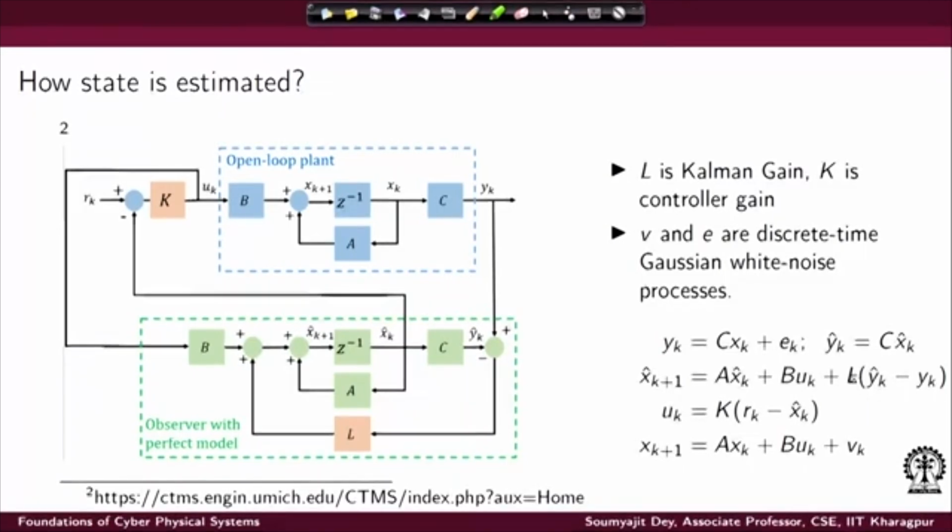Okay. So, L times yk minus yk hat, where this uk that we have, what really is it? So, this uk happens to be nothing but this controller gain k times the reference r minus this estimate of x here.